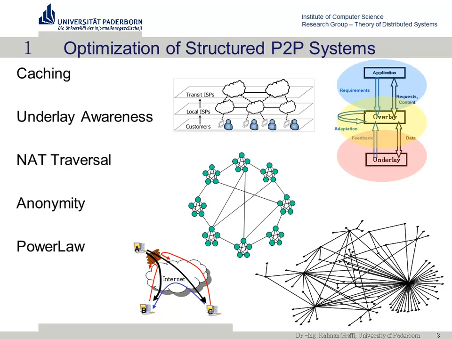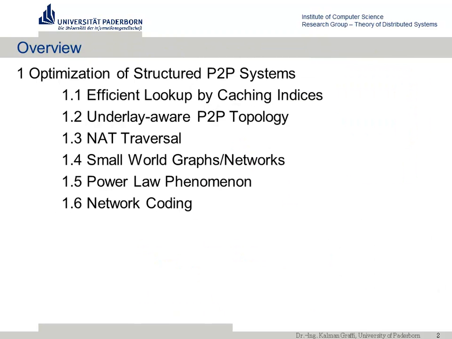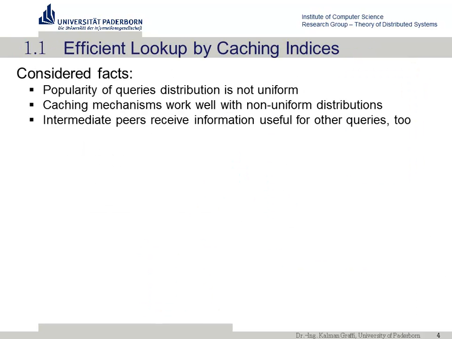NAT traversal: what the problem and issue is, and possible solutions for network address translation. Anonymity we are not addressing, but small world graphs and power law networks, and also network coding. Okay, so let's start with caching.